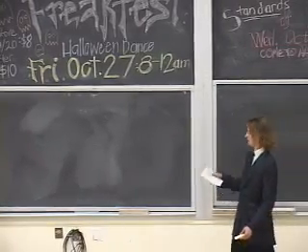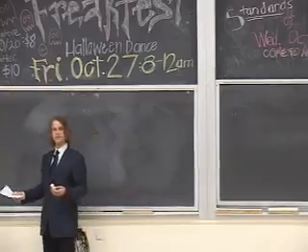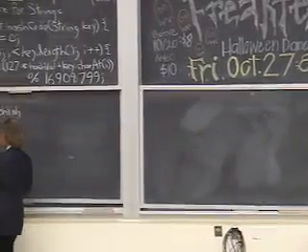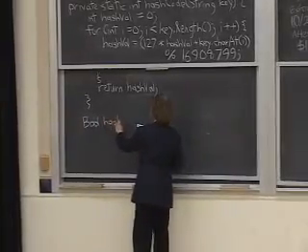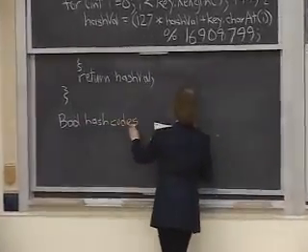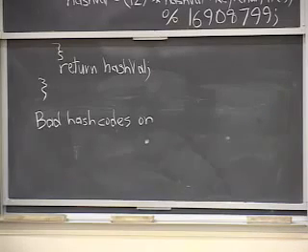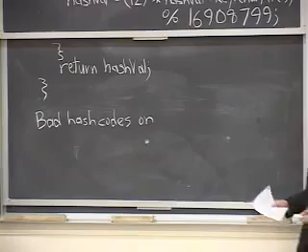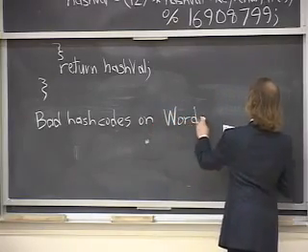Yeah. Okay. So for comparison, just to see what can go wrong, let's look at some bad hash codes on words. These are bad hash codes on strings, but they're particularly bad if those strings happen to be English words, or words in probably any language, and I'll show you why.